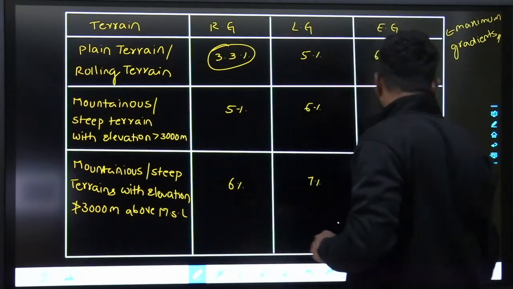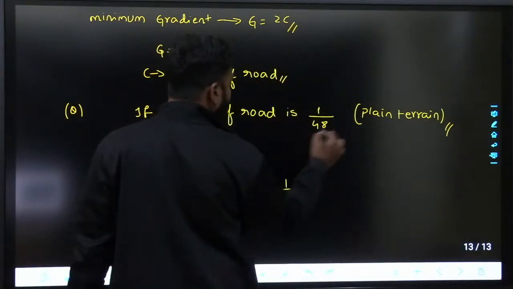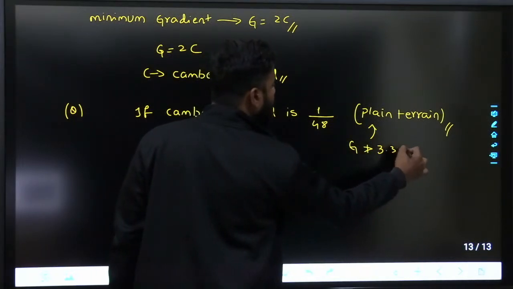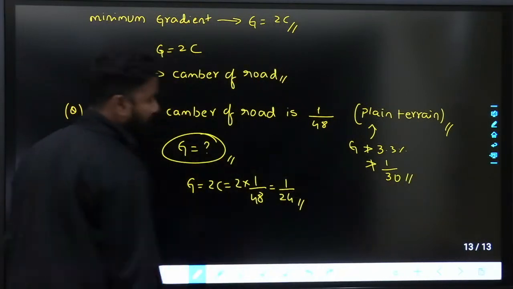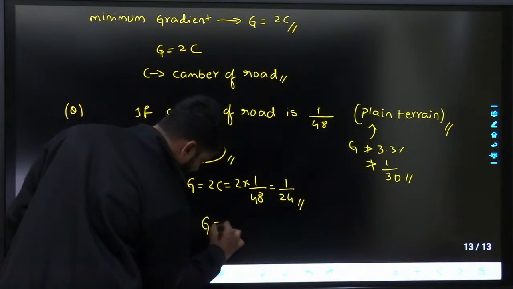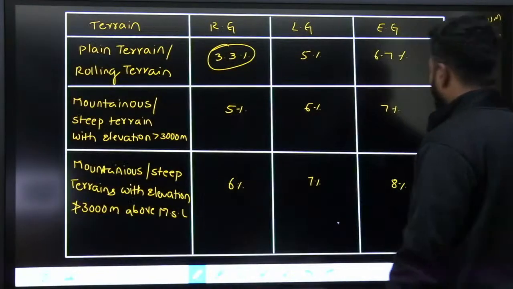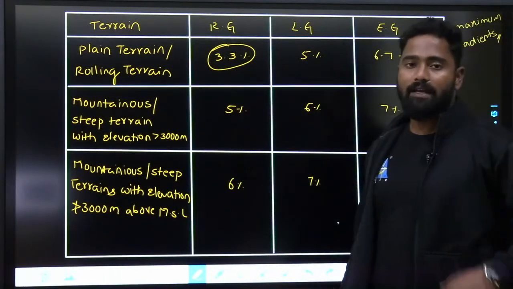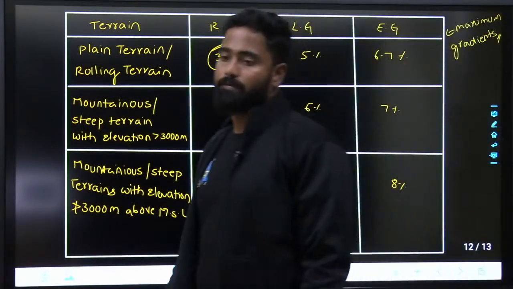That means for plain terrains, G should not be more than 3.3%, that is 1 by 30. Percentage is given to you, you can convert into this. So G value equals 1 by 30. That is the reason you have to remember this whole table. Whenever you are designing anything, if you remember this table, your answer will be solved.